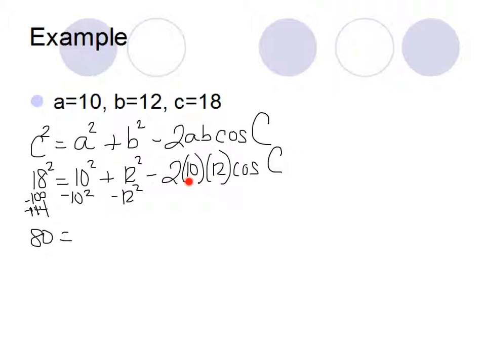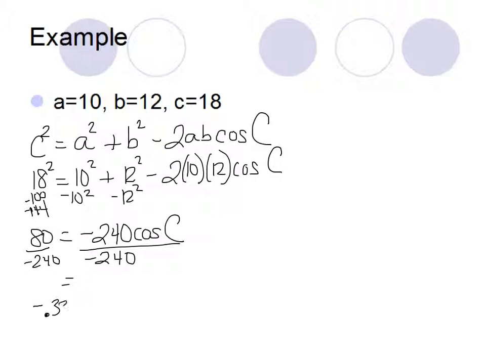So negative 20 times 12 ends up being a negative 240 cosine C. And so I'm going to divide by negative 240, which actually would reduce nicely, but I'm going to go ahead and go decimal on it because we're just going to be typing it in our calculator anyway. So I'm going to end up with a negative 1/3 or a negative 0.3 repeating equals cosine C.